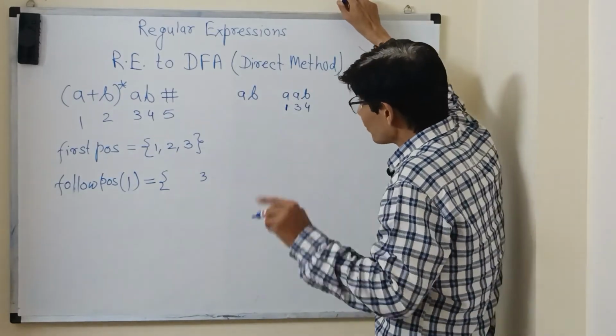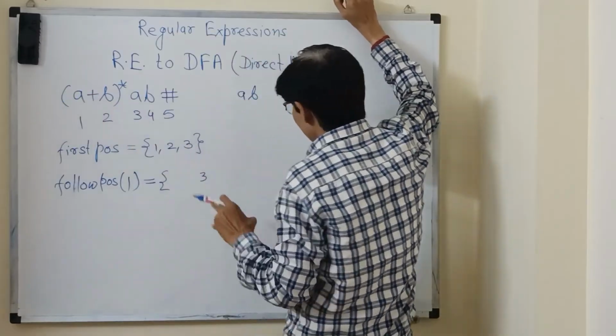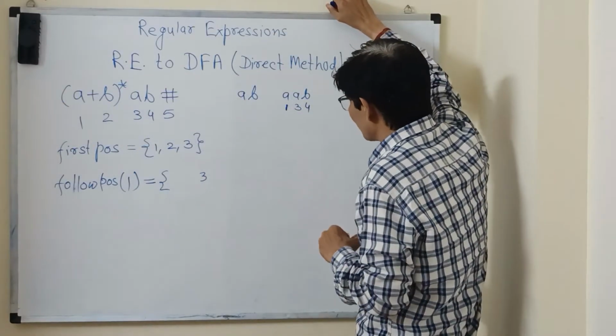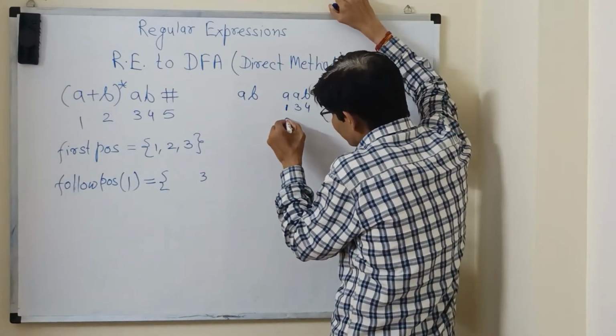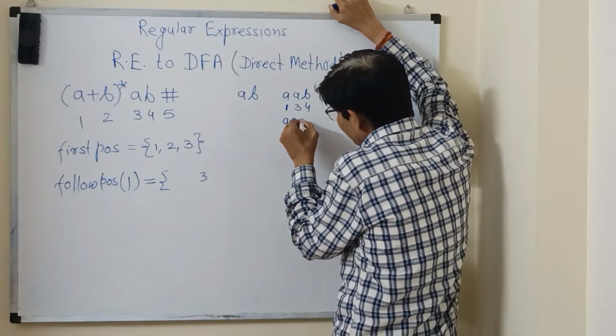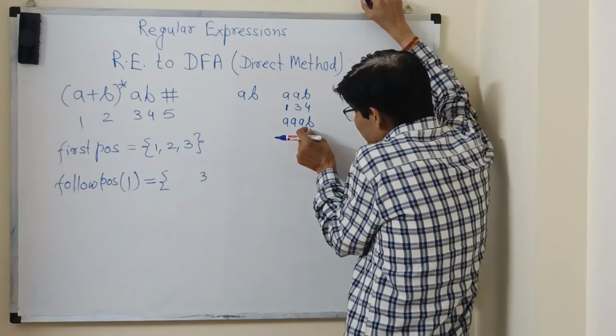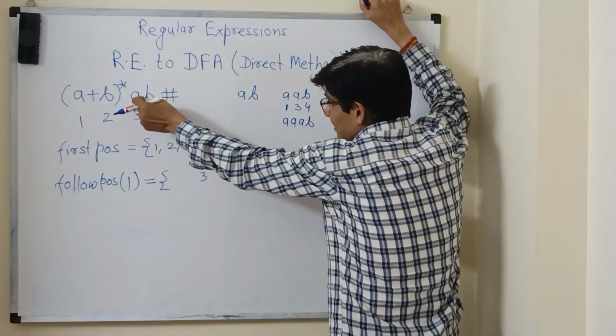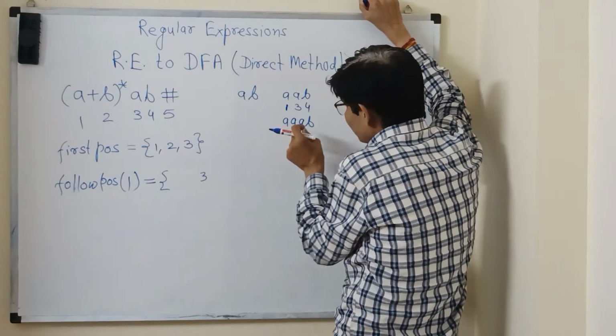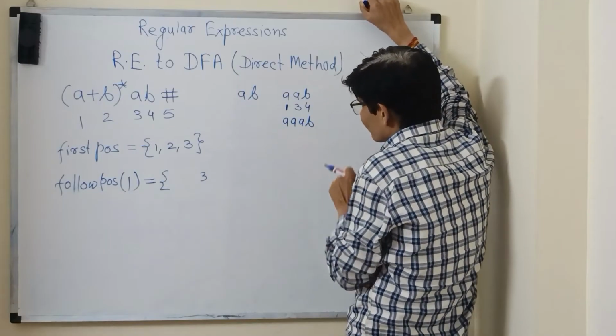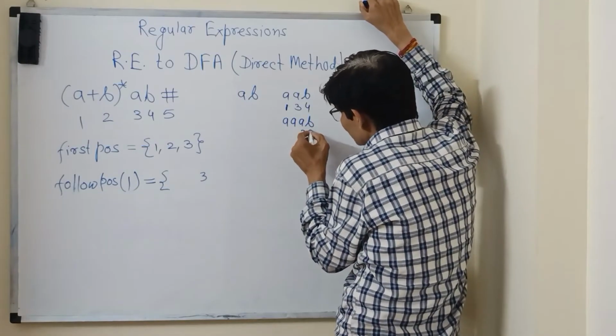Now from this regular expression, other strings are also possible, like if we have AAAB. That means this AB is the compulsory string, so this is 3, this is 4.